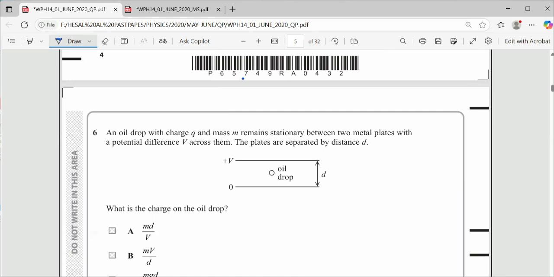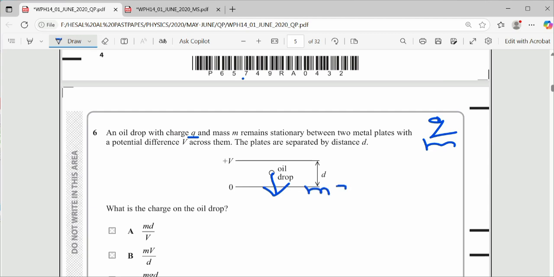An oil drop with a charge Q. For the oil drop, charge is Q, mass is m, and it remains stationary. What does it say? It says the net force acting on this oil drop is 0. What are the two forces acting in here? One, the force due to gravity, which is the weight.